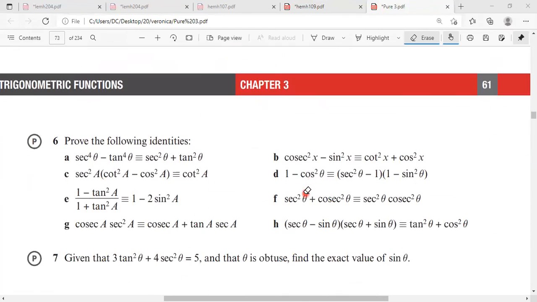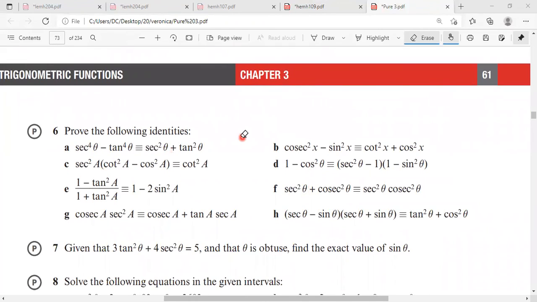Next, we have prove the following identities. Now, look at this. This question says sec to power 4 theta minus tan to power 4 theta is same as sec square theta plus tan square theta. So what you can do here is sec to power 4 minus tan to power 4. We can use a square minus b square identity here, right?